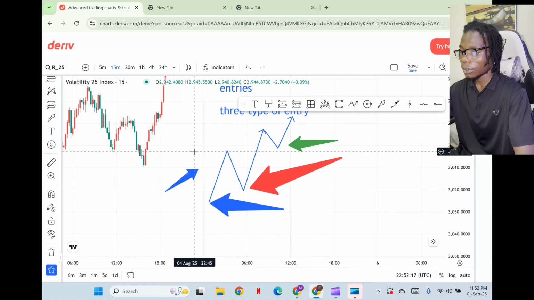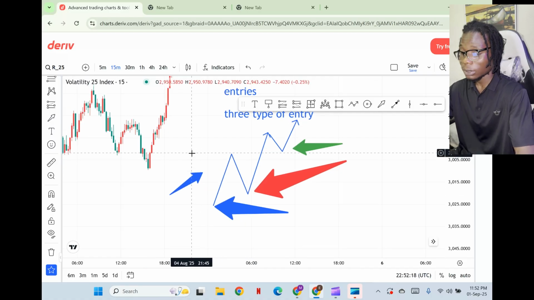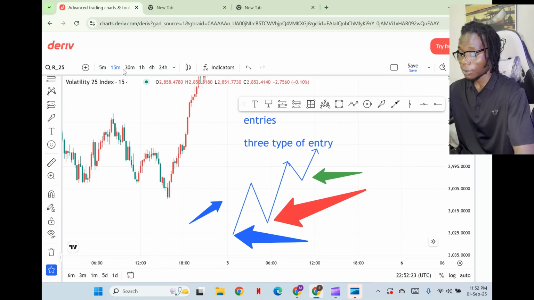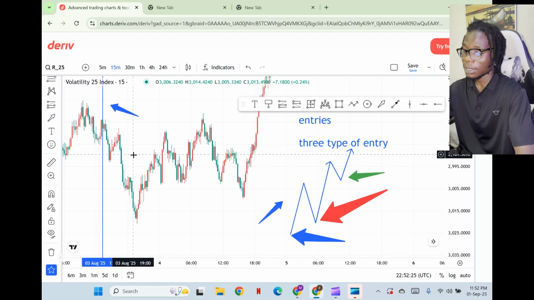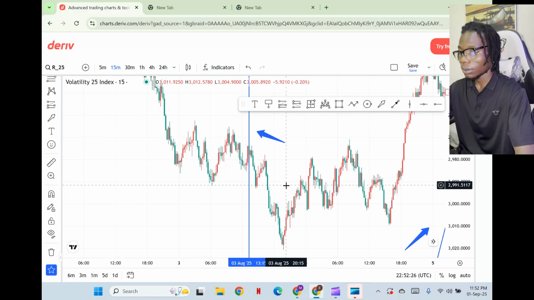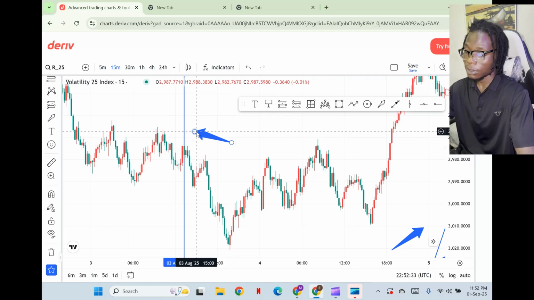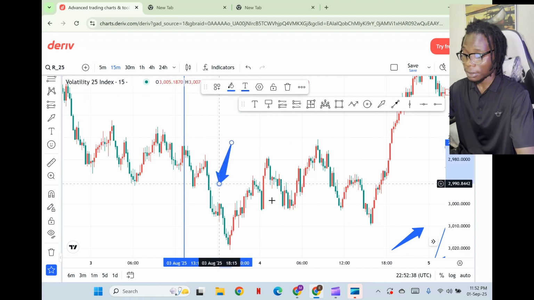Let me show you guys how it looks on the chart with our entry time frame. This is the 15 minute time frame. Sometimes, like I said, the candle doesn't come clean. Sometimes the candle is full, sometimes the candle is merged. For the entry, let's look for a trend.